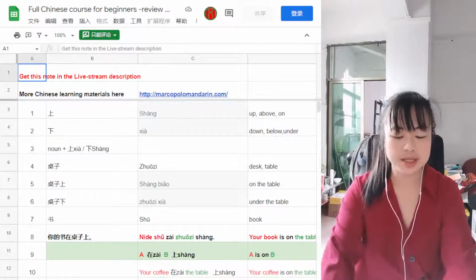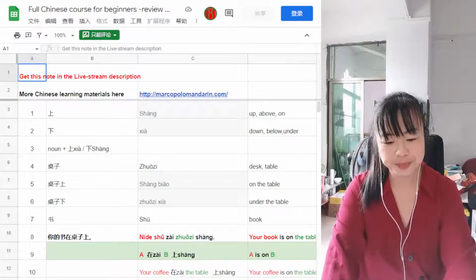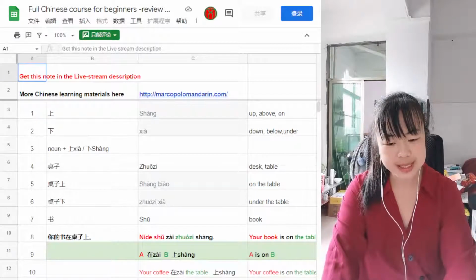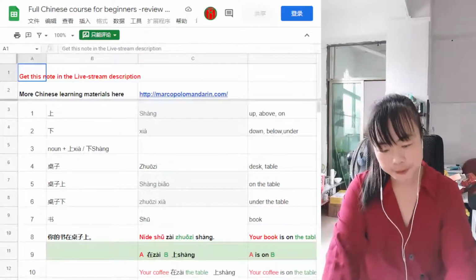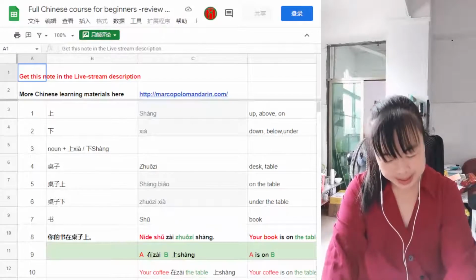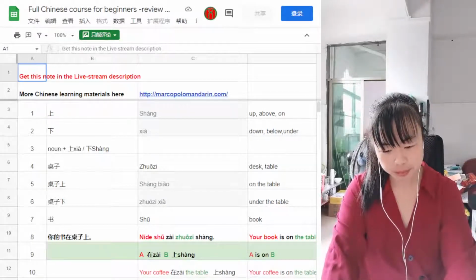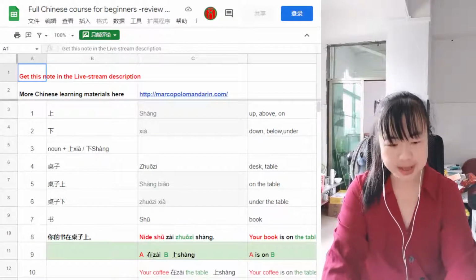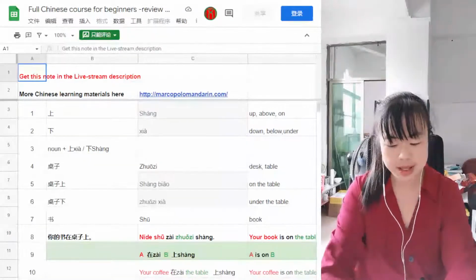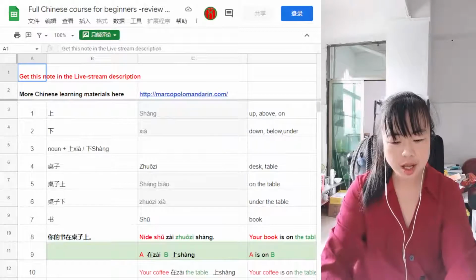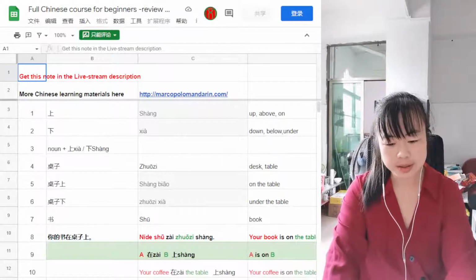The bus station is 车站. 桌子在车站. And for front, we can say 前 or 前边 or 的前边. Okay, I can write here.